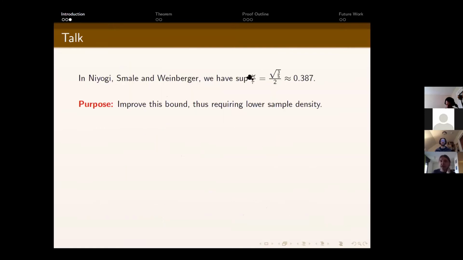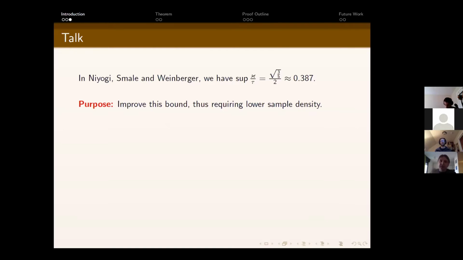So if you take the supremum of possible ratios between kappa and tau, this gives you a notion of how big of a density of the sample you have to take so that you can still recover the homotopy type of the manifold.